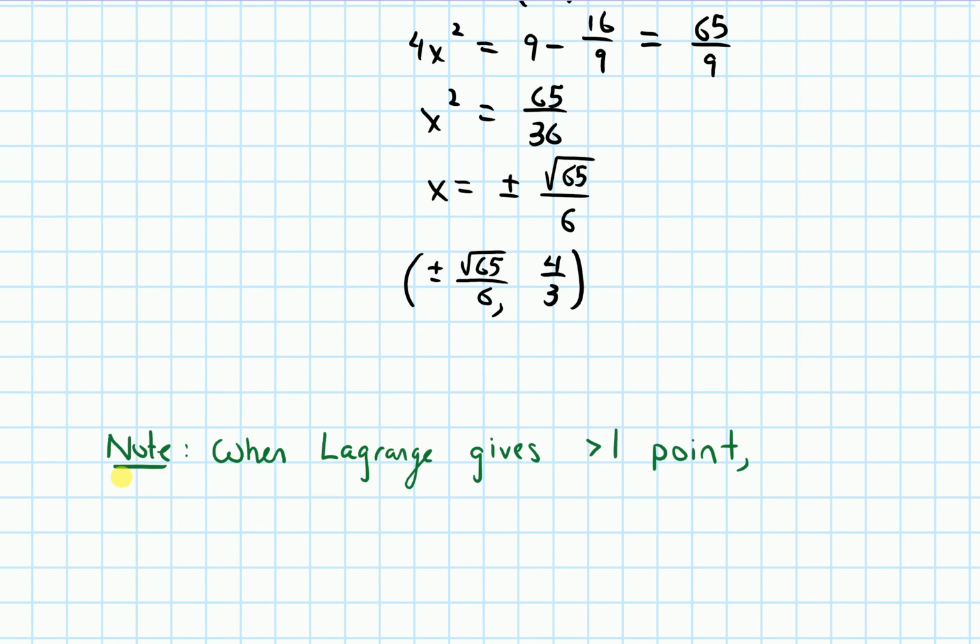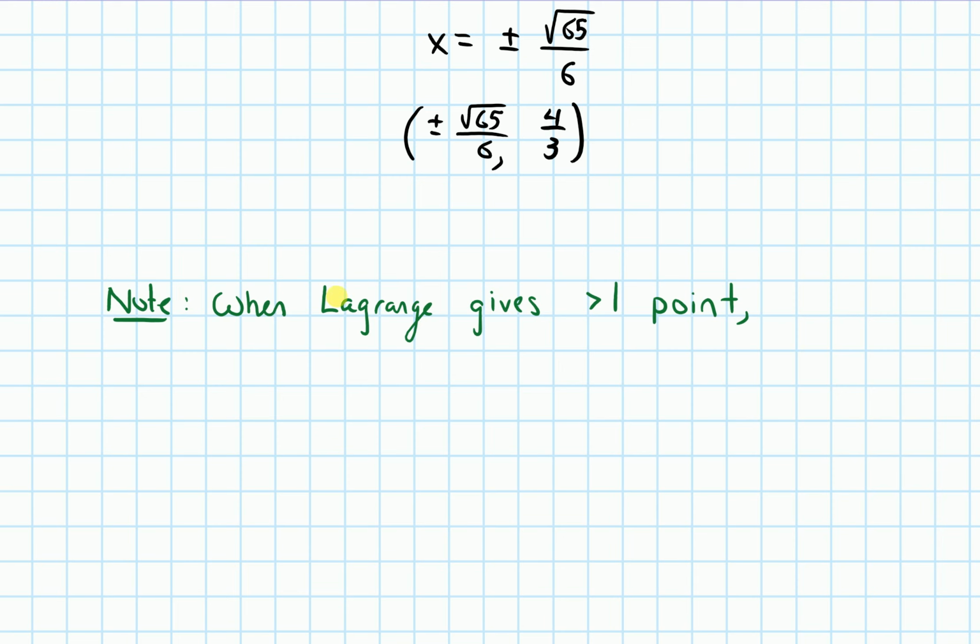So there's something that I want to make a note of, which I've talked about before, but we just haven't seen an example like this. When we do Lagrange and it gives us more than one point, then what we do is we plug all of the points we got into our objective function, f.